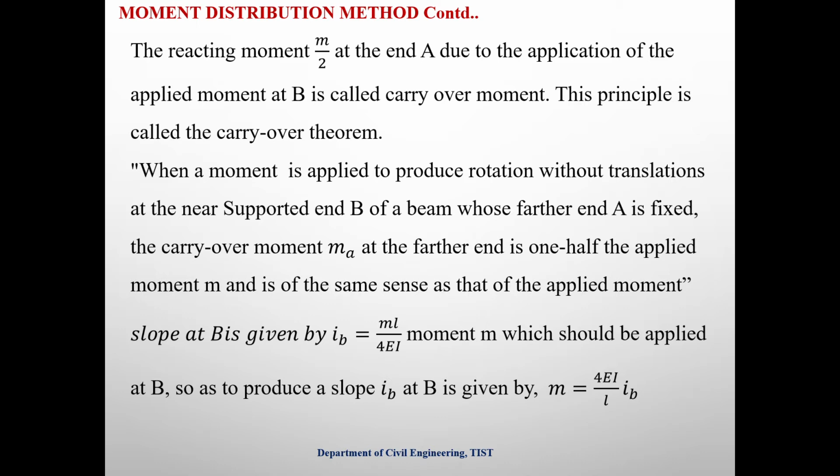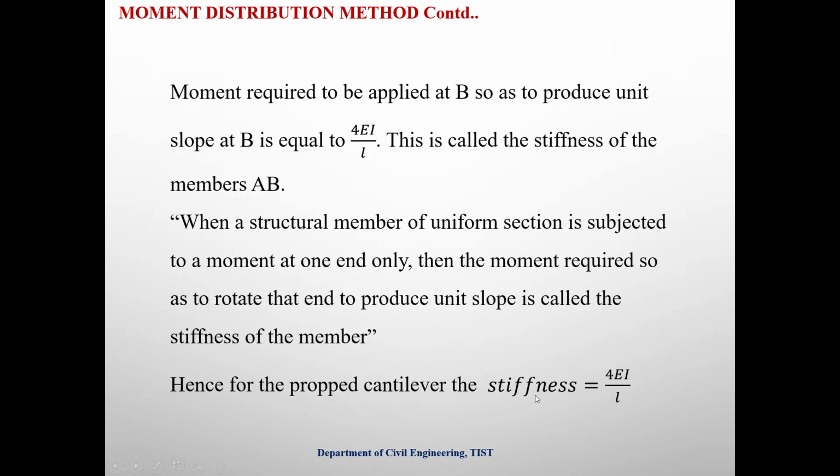Slope at B is given by theta B is equal to ML by 4EI. The moment M which should be applied at B so as to produce the slope theta B at B is given by 4EI by L into theta B. The moment required to be applied at B so as to produce unit slope at B is equal to 4EI by L. This is known as stiffness of the member AB.